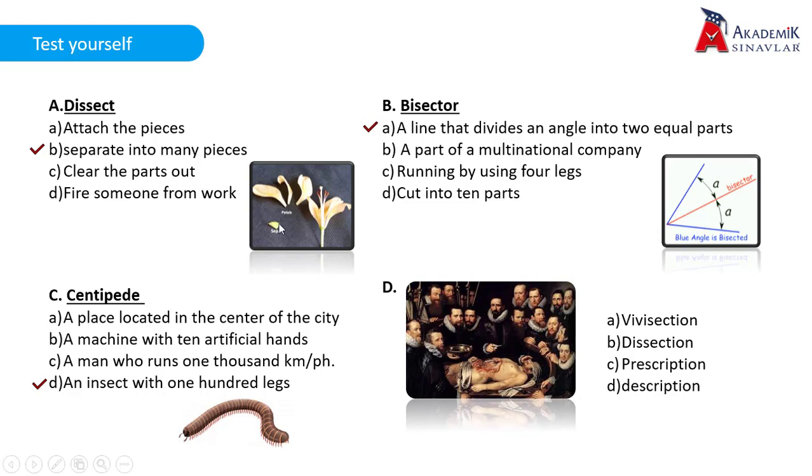Next question is a picture. In this picture, I think you had your doubts about the answer between A and B. I have to say that this man in the picture is not alive, is dead, so it cannot be a vivisection. Vivisection is done on living creatures, so this is called dissection.